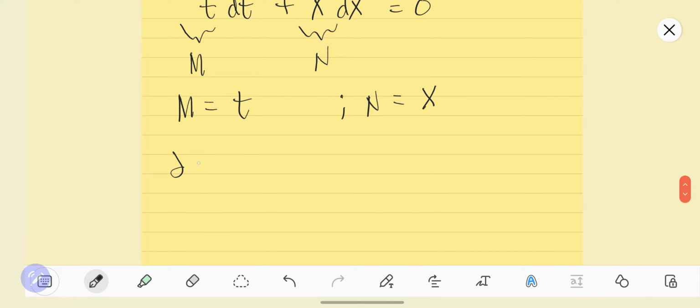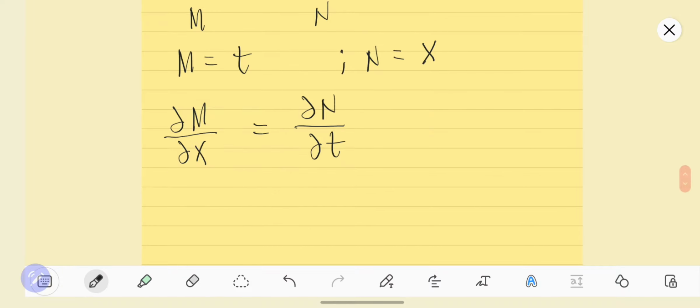Now checking for exactness, the partial derivative of M with respect to x must be equal to the partial derivative of N with respect to t.